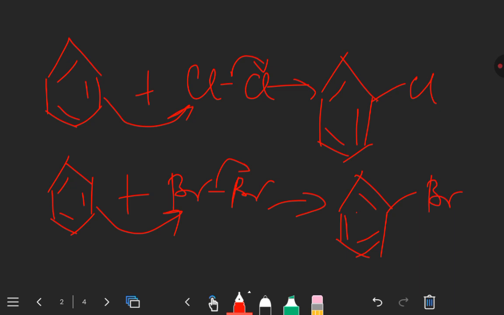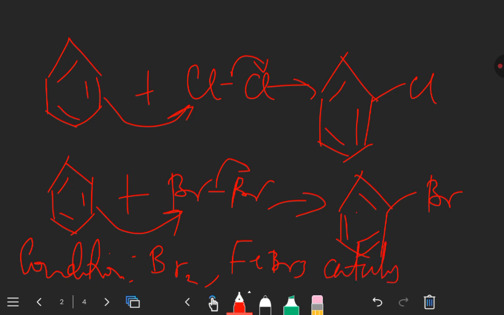For this one, the conditions will be that there has to be the presence of bromine gas. Other than that, there has to be iron 3 bromide. This iron 3 bromide will act as a catalyst.